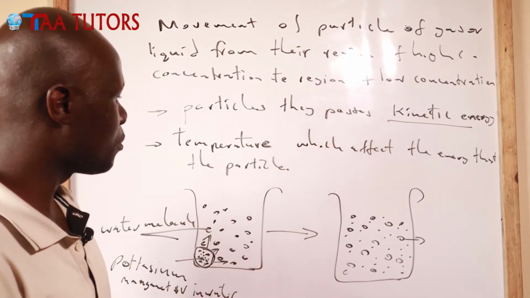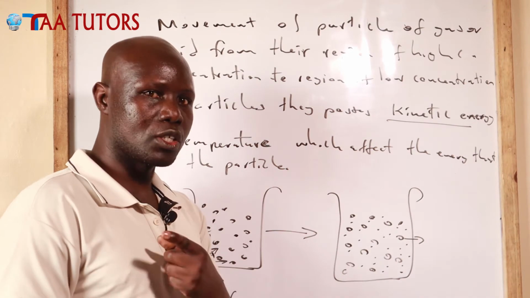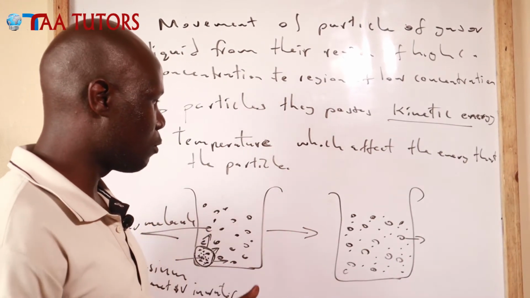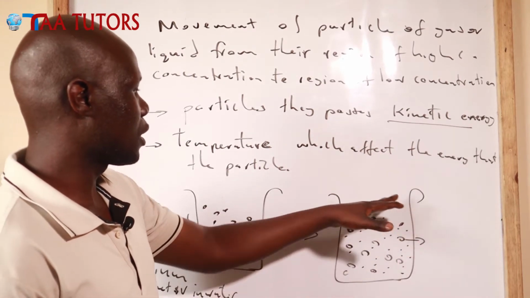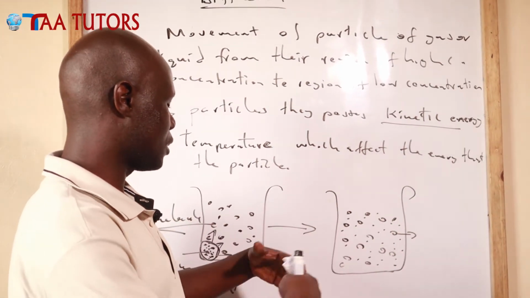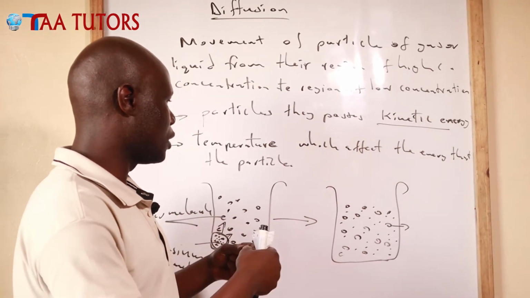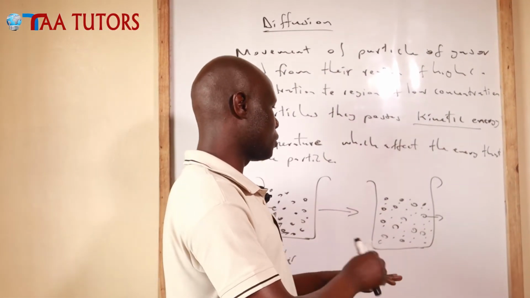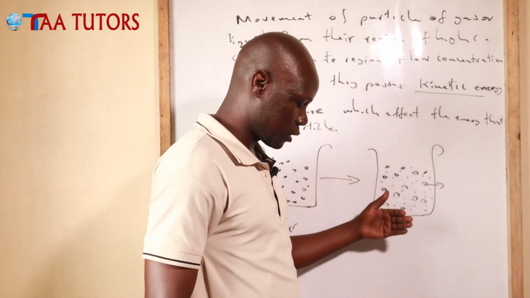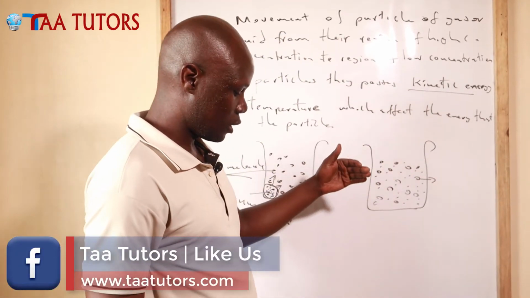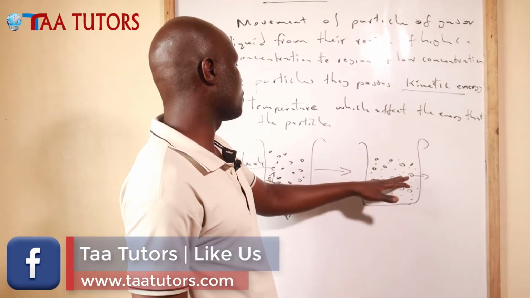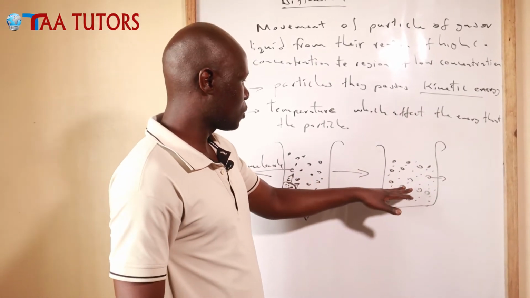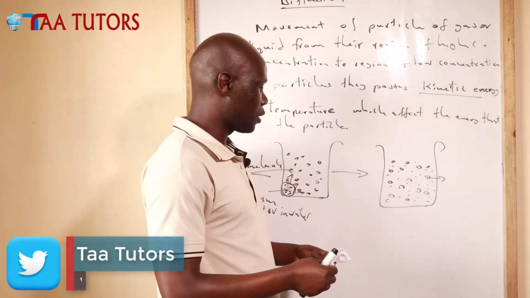Molecules will keep on moving because they have got energy, but it reaches a point where the gradient does not exist because they have uniformly spread across the medium they were traveling across. So the movement will remain in all directions because we have reached equal distribution of the molecules across the membrane. So this is the picture that we are having. So this one will be controlled at that point.